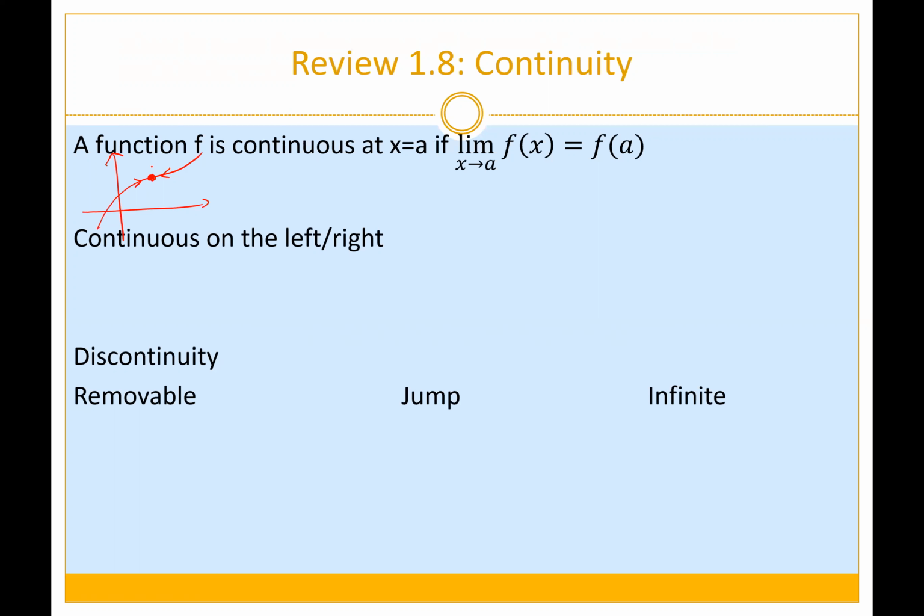Now to get that condition satisfied, you need to satisfy three conditions for continuity. First, f(a), the value of the function at that point, has to exist. Then the limit of x approaching a of f(x) has to exist, and those two have to equal one another.